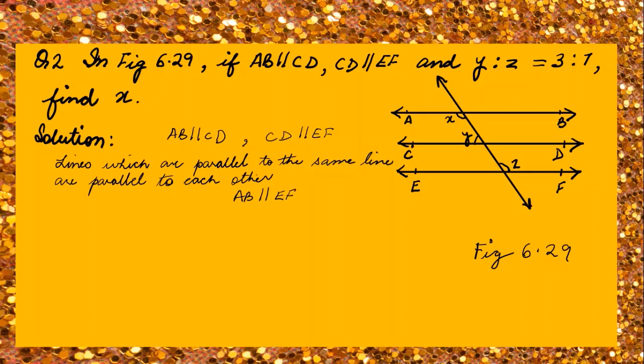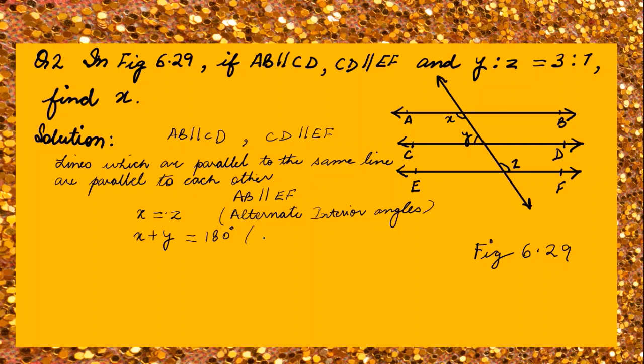Yes, now from here you can say X equals Z. Why? These are alternate interior angles. Yes, alternate interior angles are equal if lines are parallel. Yes, now you can see this X plus Y is 180 degree.